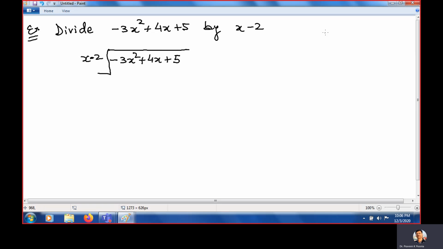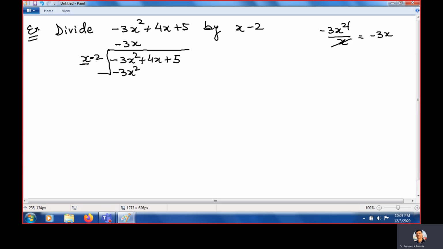Look here, it is minus 3x power 2, divided by x. x cancelled by the square, so minus 3x. So you need to start your division with minus 3x. Minus 3x into this x is minus 3x power 2.